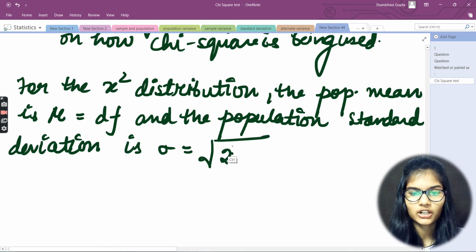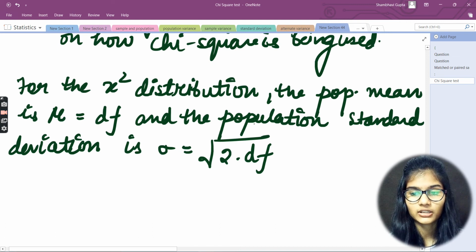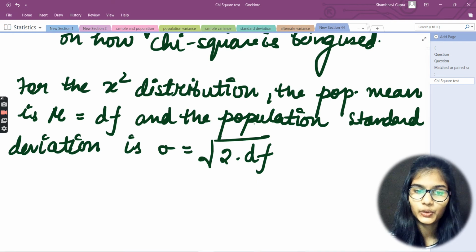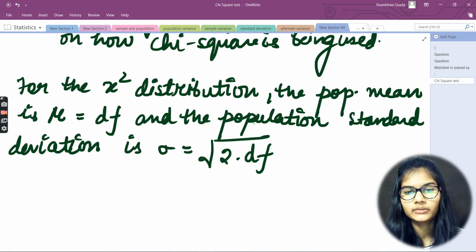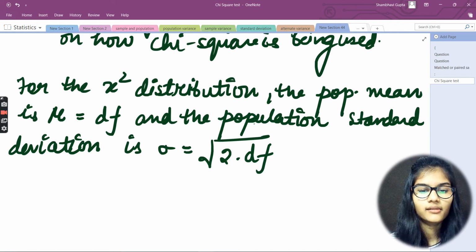I just did not put the multiplication sign: 2 multiplied by df, right? The 2 you are already aware is a simple number, the dot is basically multiplication, and df is the degrees of freedom which we had seen right above. So whenever you are having the chi-square distribution, for finding the population mean the formula is mu equal to df, and for the population standard deviation it is sigma equal to the square root of 2 times df, right?